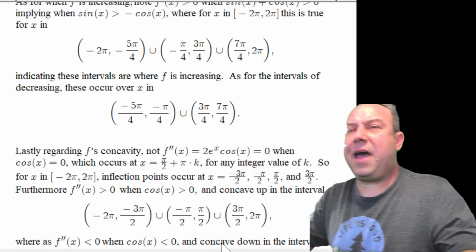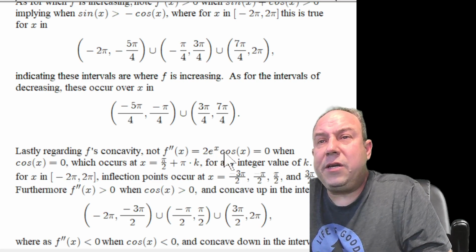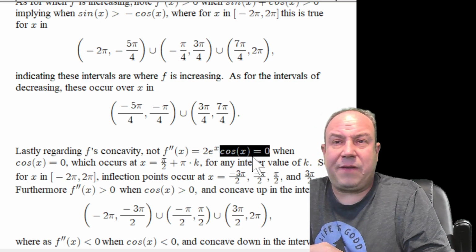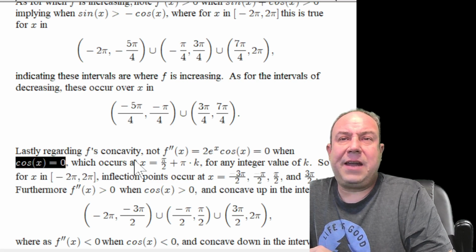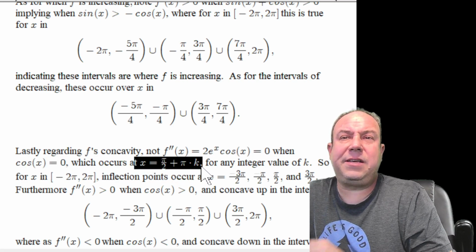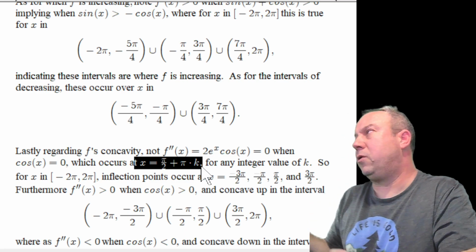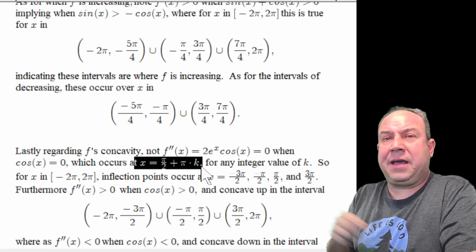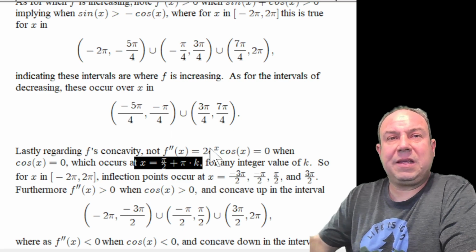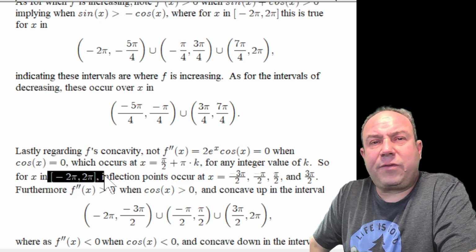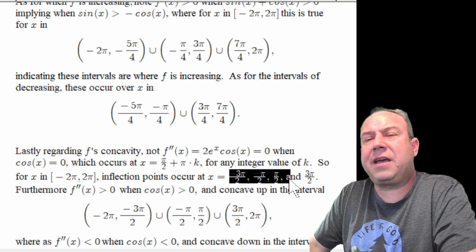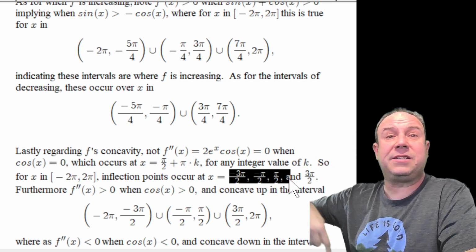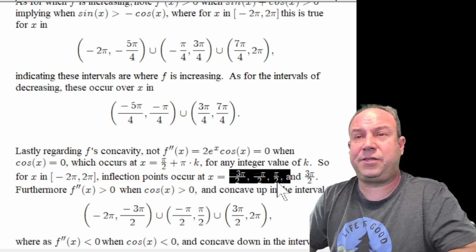As for concavity, we're going to be interested in when the cosine of x equals 0. It's going to equal 0 at x equal to pi over 2 and multiples of pi away from that angle. So in the interval from negative 2 pi to 2 pi, that's going to be at plus or minus 3 pi over 2 and plus or minus pi over 2.